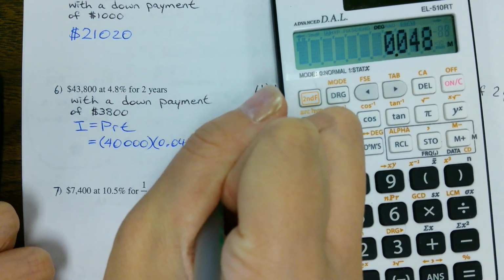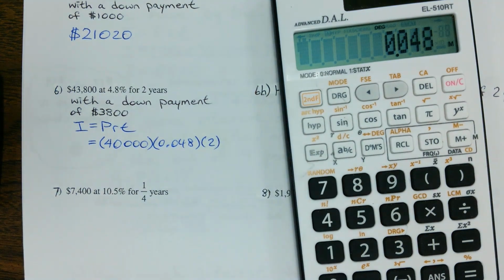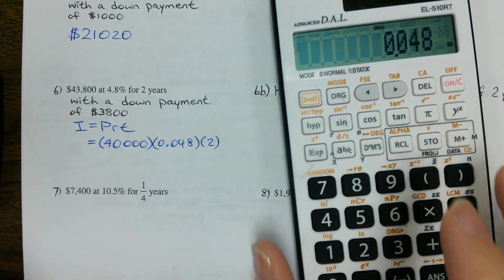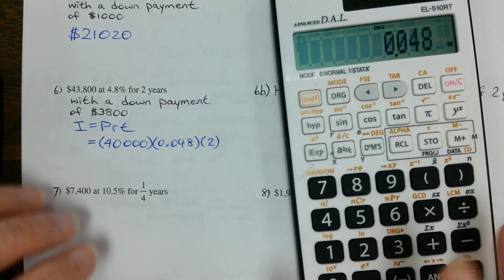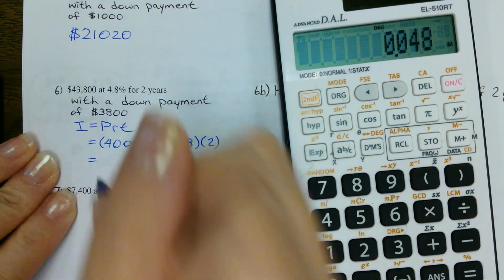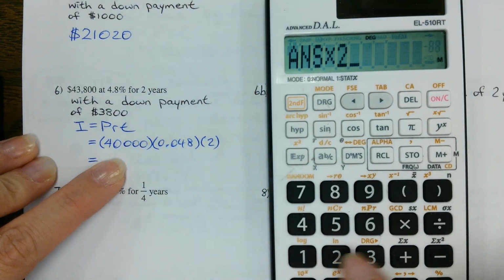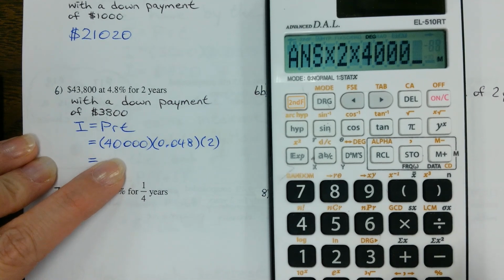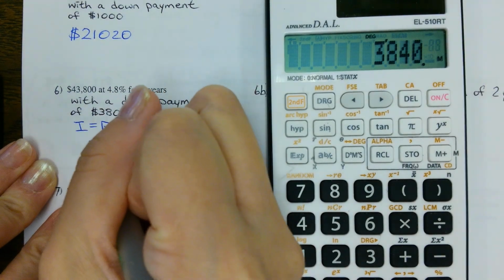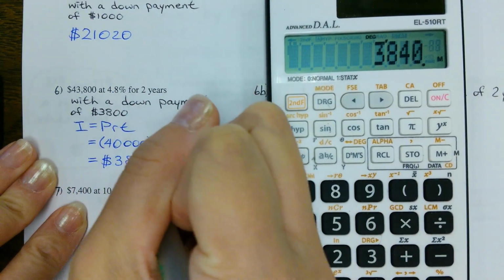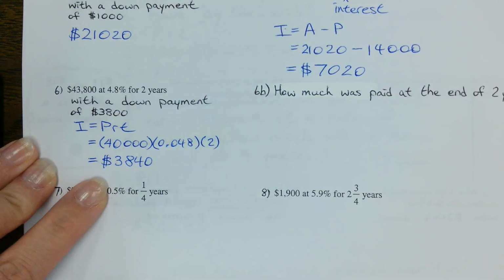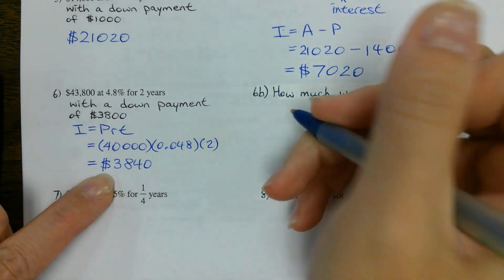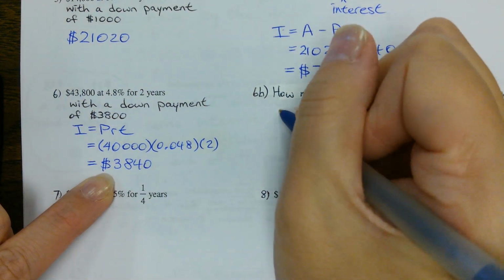And then you're gonna just borrow the money for 2 years. So you're saying, I want to pay it off in 2 years. Okay. Let's see. Times 2 times 40,000. So $3,840. Okay, so that's the interest. How much was paid at the end?